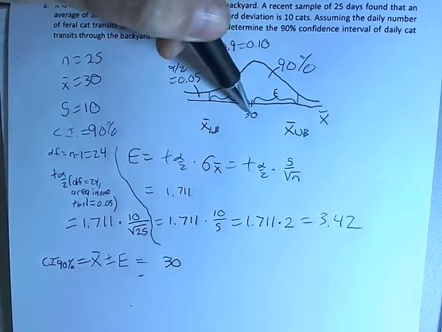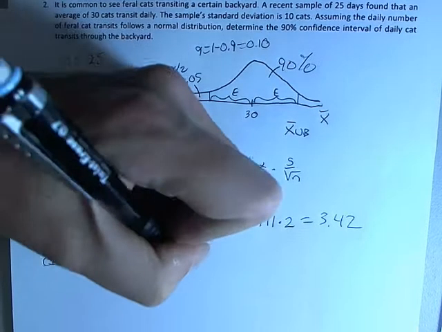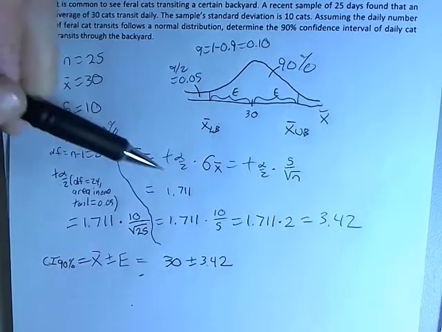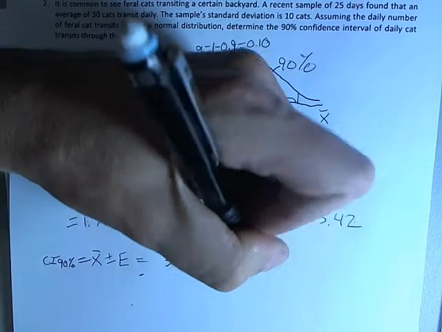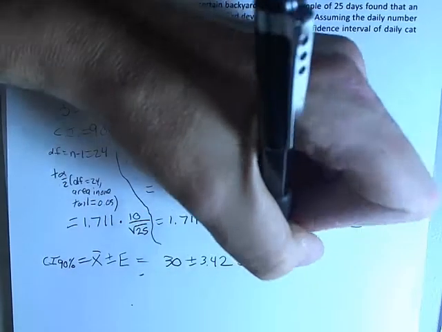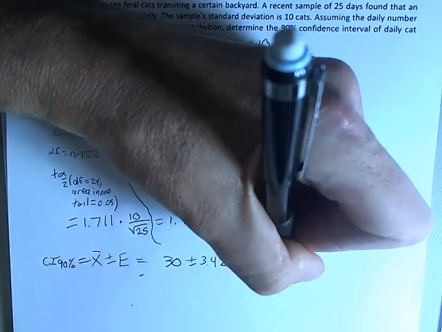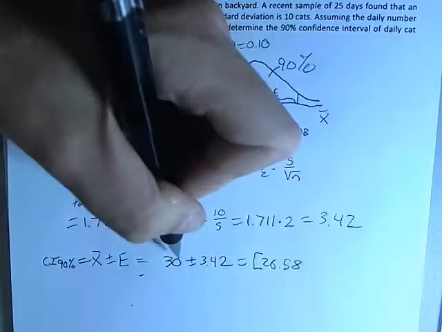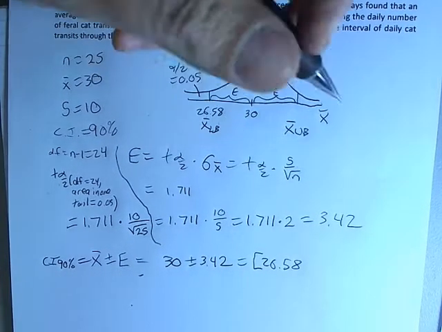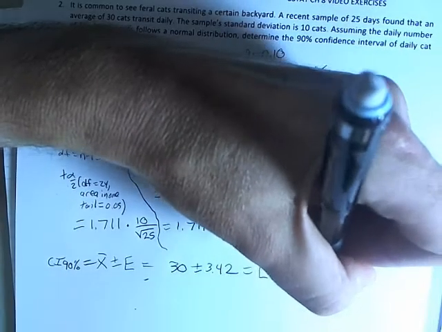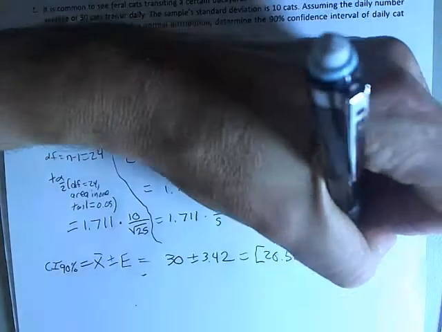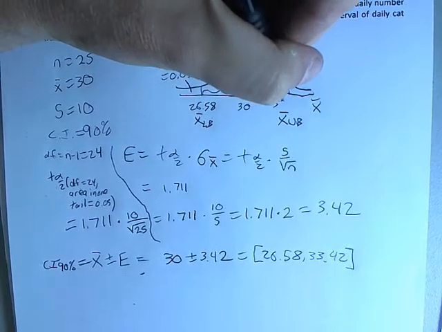So that is the center point of this confidence interval. And to that, we will first subtract and then add the margin of error that we computed. So 30 plus or minus 3.42 gives us a final confidence interval, in this case of 26.58 on the lower boundary and 33.42 cat transits on the upper boundary.